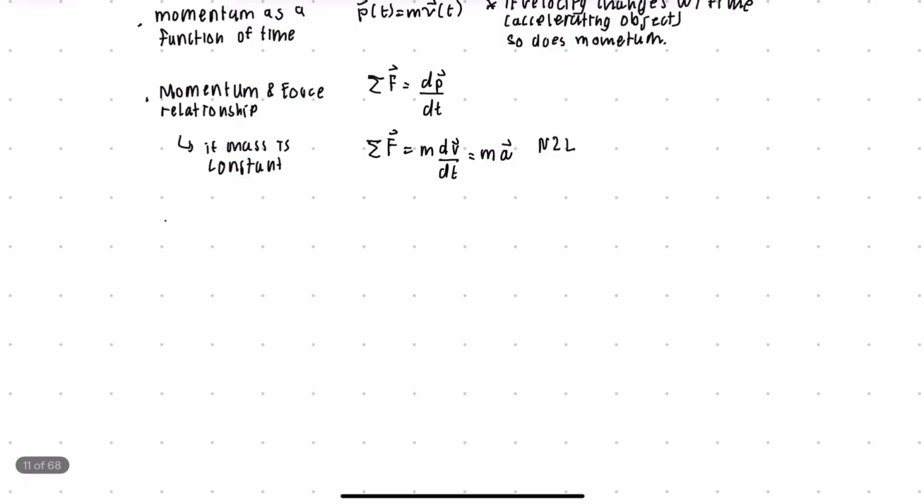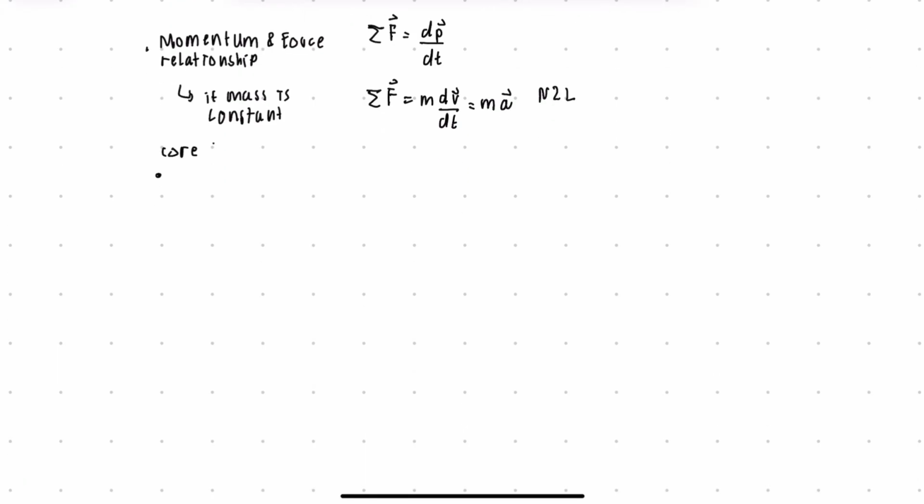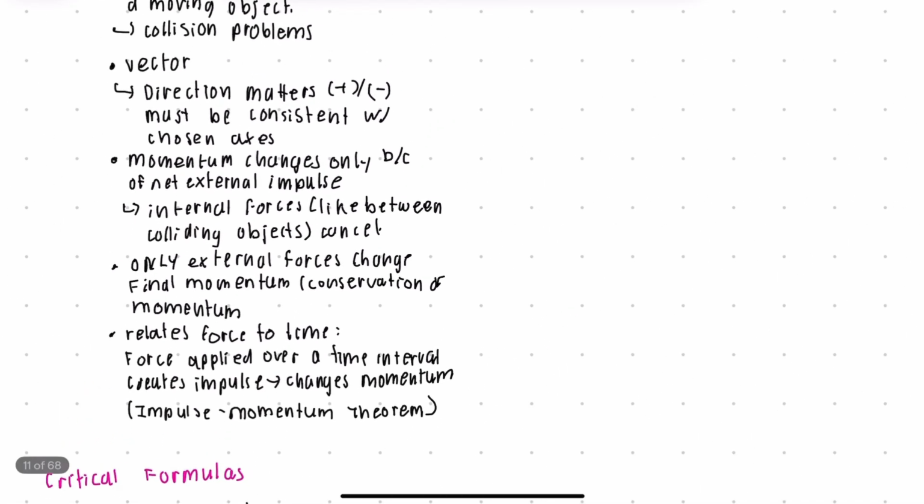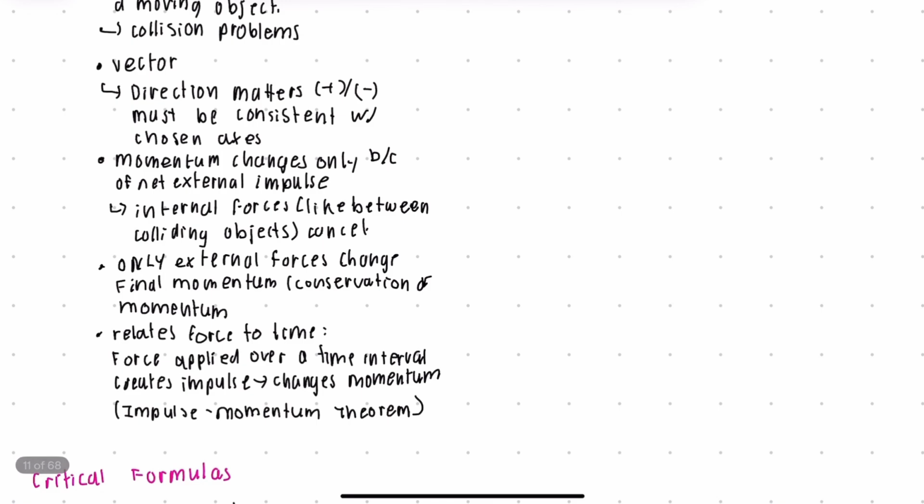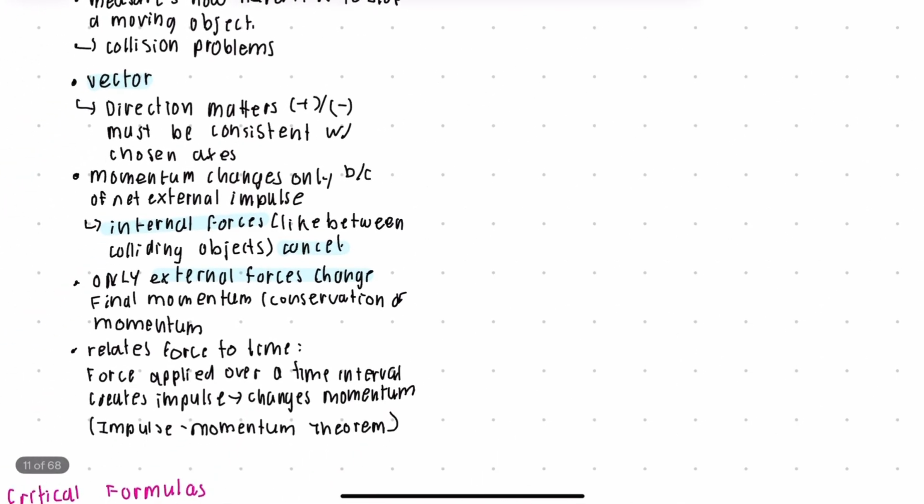Now here are some more critical facts that you need to know. Again, momentum is a vector, so you need to track the signs. Only external forces change momentum, and internal forces all cancel.